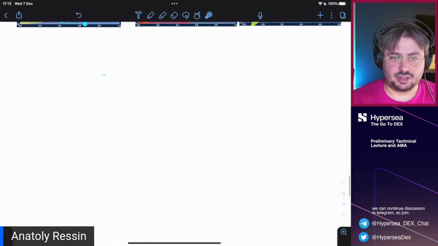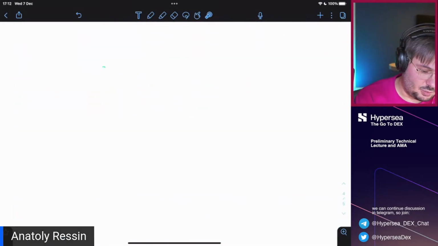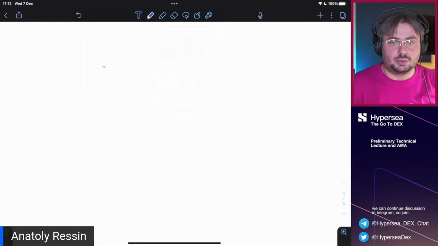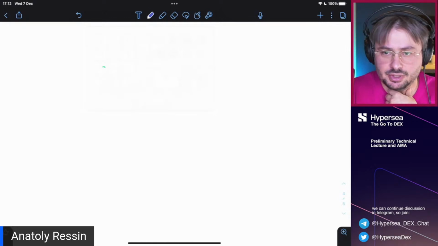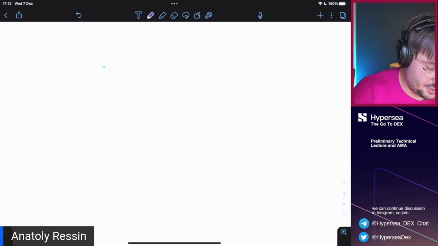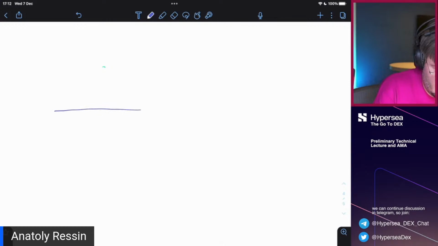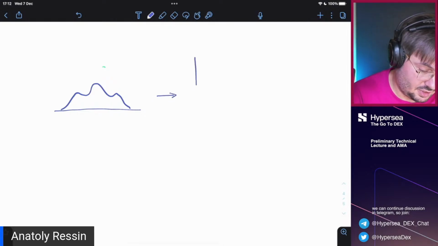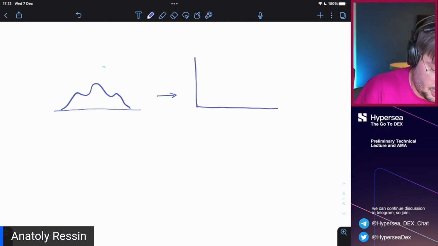And it is very interesting that we found a direct formula that allows us to take any distribution of the liquidity. So if you have any distribution of liquidity, we obtained a formula that allows us to build a corresponding trading curve.